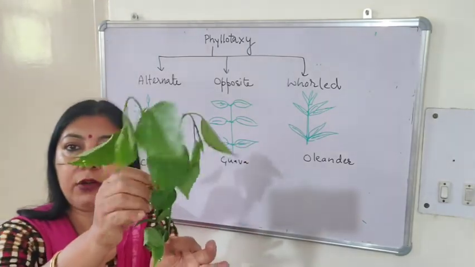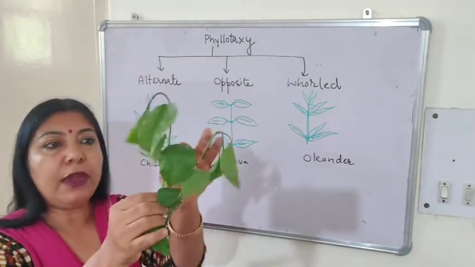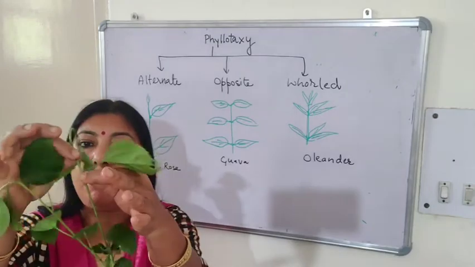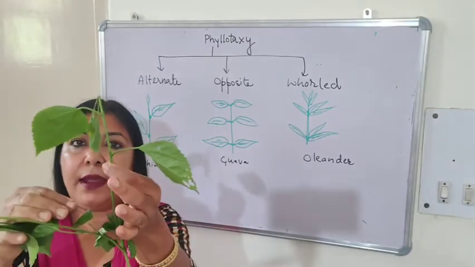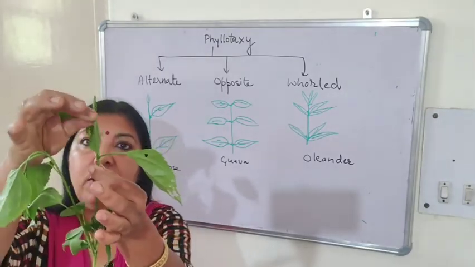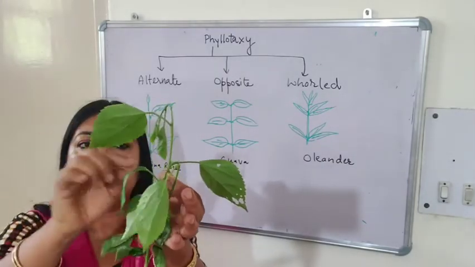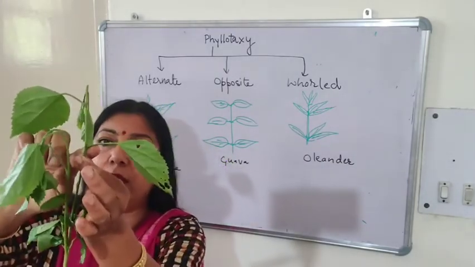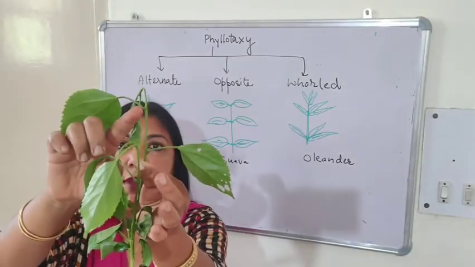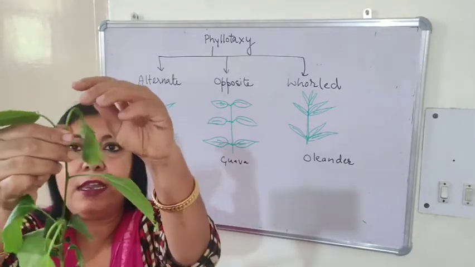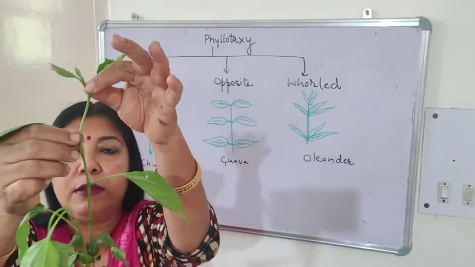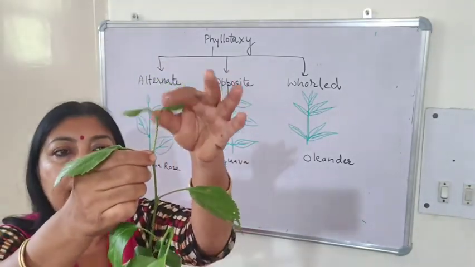In case of China rose, from one node, only one leaf will arise. And then at the second node, another leaf will arise, and that too alternate. If one leaf is arising on this side, the next leaf will arise here, and the next leaf will arise here. So this is called alternate.